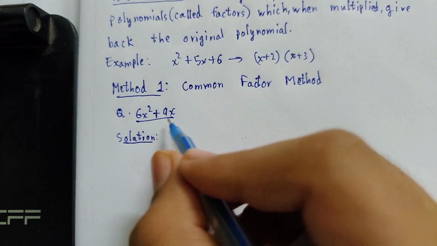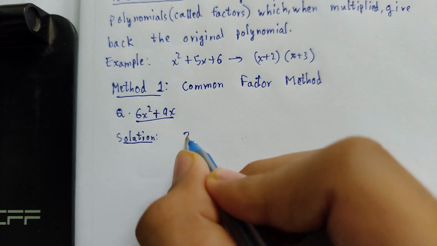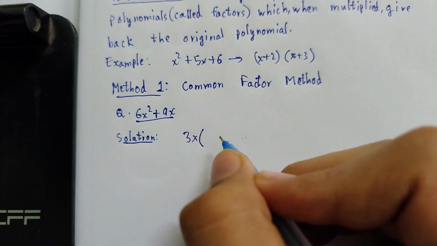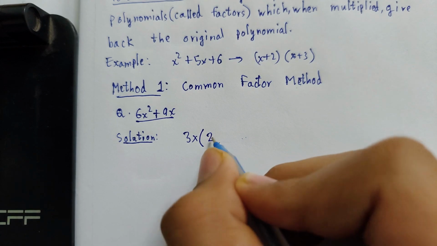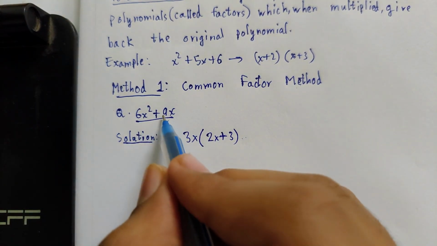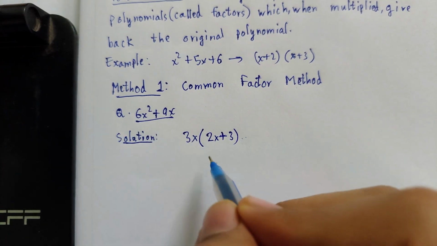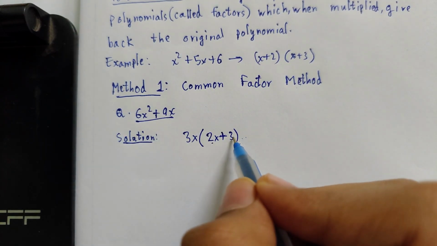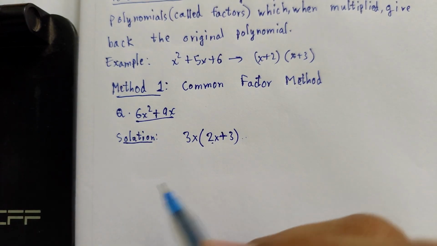If we see this polynomial, we can observe the common factor 3x. When we divide this by 3x, we get 2x plus 3. So 6x square plus 9x equals 3x into (2x plus 3), and the answer is 3x into (2x plus 3).